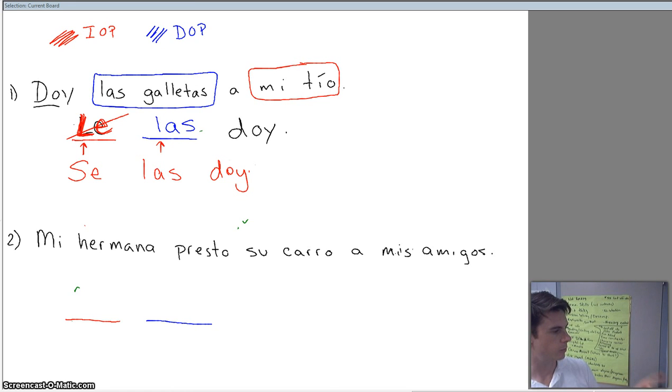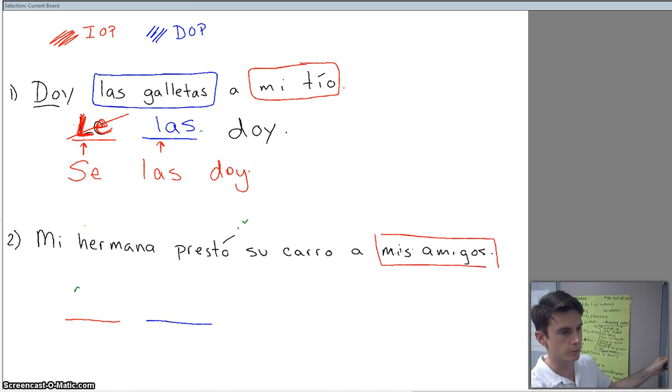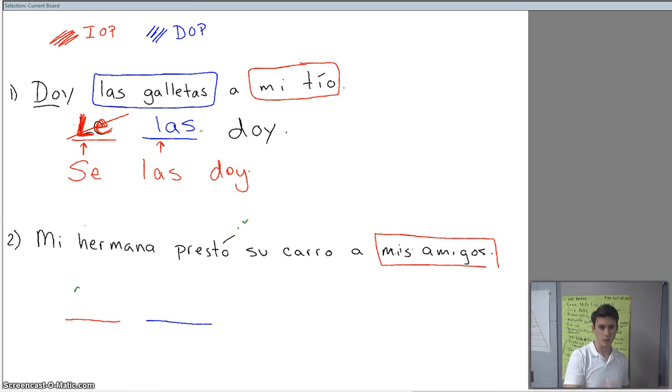Mi hermana prestó su carro a mis amigos. So who is going to receive something? Mis amigos is going to receive. So what would be the correct IOP that correlates with mis amigos? It would be les.